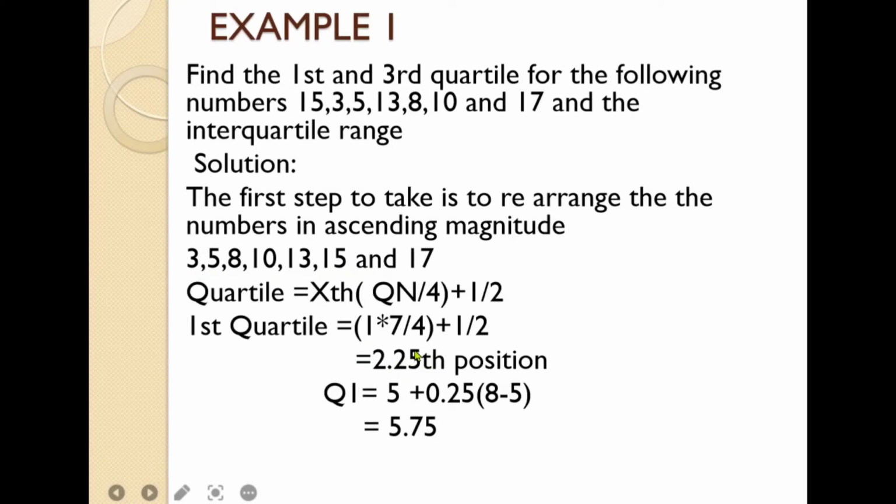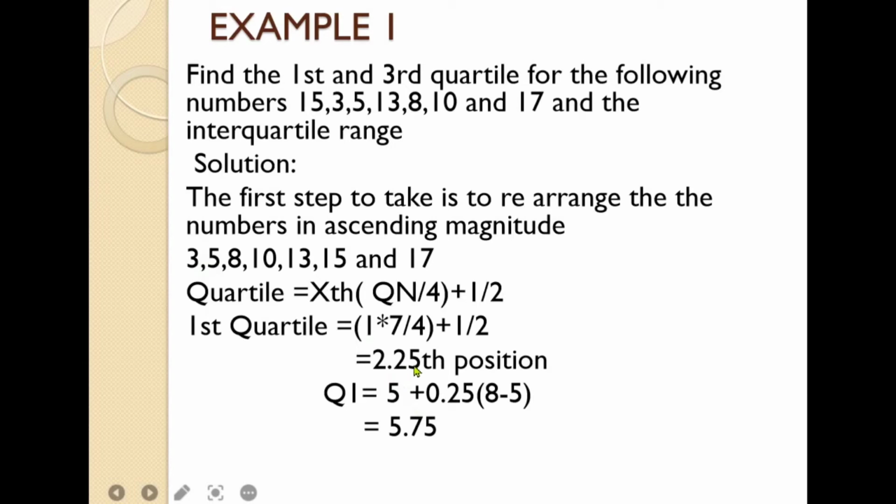Now, because of this fractional value, it may be difficult to actually say where the 0.25 position lies. So what do we do? First, let's pick the whole number, the second position. What number is on the second position? The second position, of course, is 5, and that is how we got this 5.